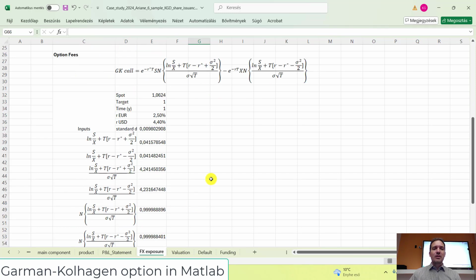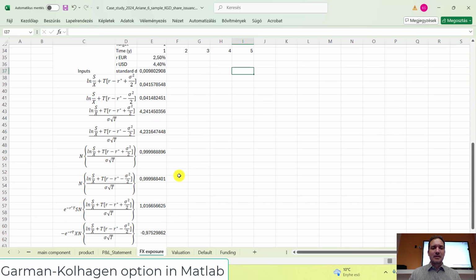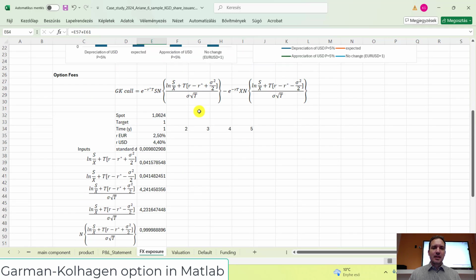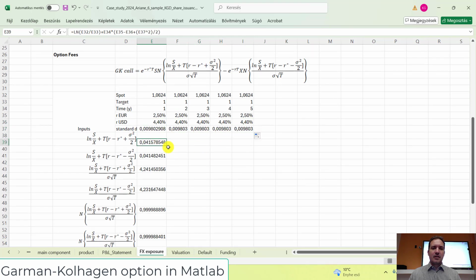And now we can do the same thing for 2, 3, 4, 5 years ahead. So right now I would like to buy all the options. I don't want to care about any exposure, just let's buy it. So how can we do this? Obviously we just have to create the spot rate, target rate. With the current information, we are just going ahead.